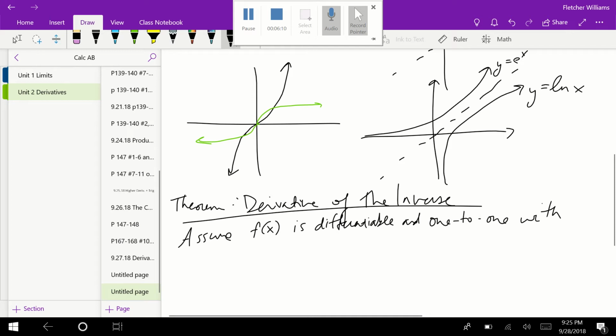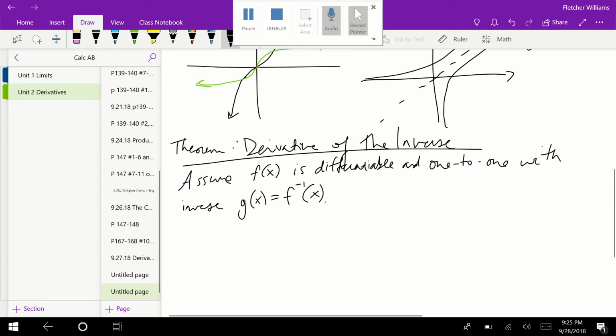That means it has some inverse, we'll say g, which is equal to f inverse of x. That -1 there means inverse, not a negative exponent.